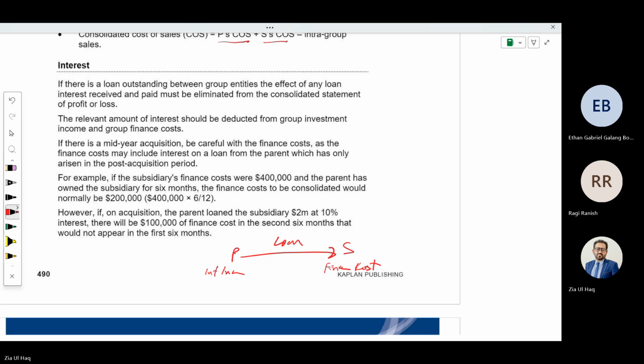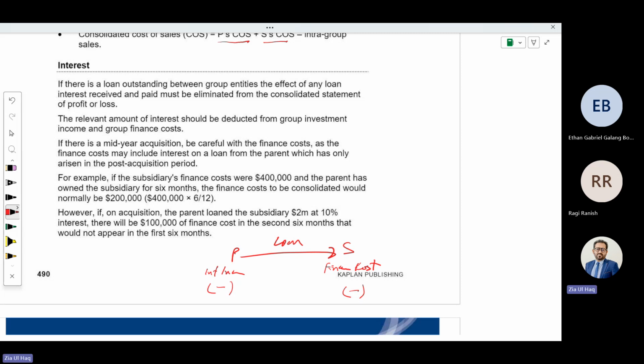What we need to do in consolidation, we should calculate the interest amount first. We should deduct it from interest income, as well as deduct the same amount from finance cost. Because while consolidating parent and subsidiary income and expenses, we are adding everything. But in the parent company's interest income, this interest was recorded that is relating to the subsidiary.